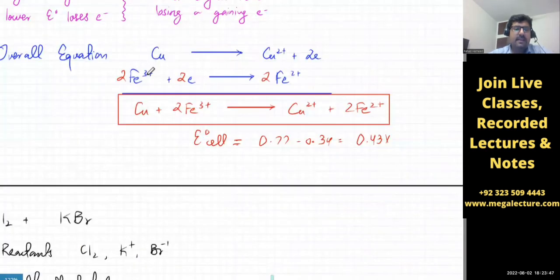Here, what was the original equation? It was 1 Fe3 plus 1 electron forming Fe2 plus, but we ended up multiplying it by 2, right? The reason we multiplied it by 2 was that the number of electrons lost and gained have to be equal, right? In the final equation, what came with Fe3 plus? You got a 2 with it, right? In the original equation, you didn't have 2 with it, but when you added them up, you had to multiply it by 2, and you got 2 Fe3 plus, right?